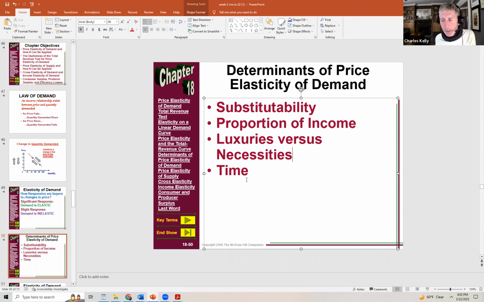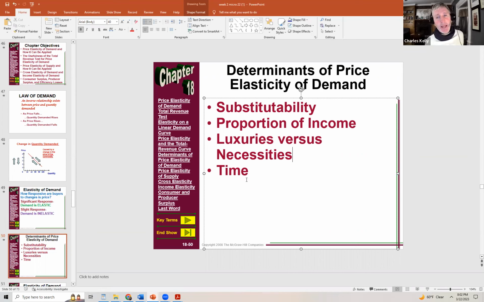So generally speaking, when something costs little, changes in price don't really affect quantity demanded that much. Demand is inelastic. When stuff costs lots, like an automobile, which could be a big share of your income, then a change in price is going to cause a significant change in quantity demanded.